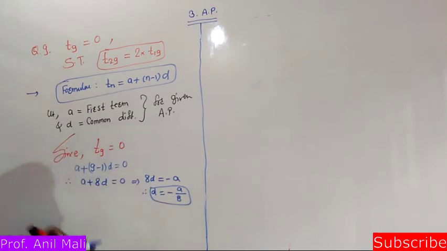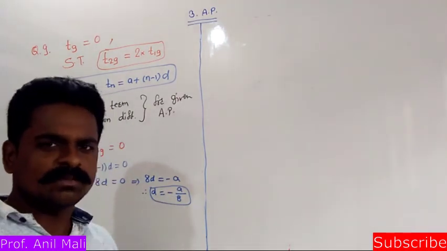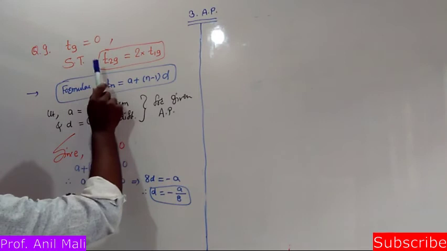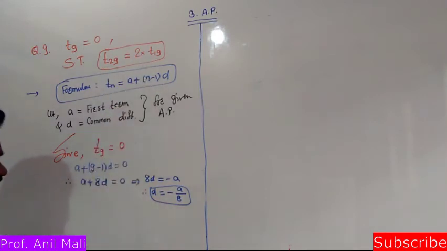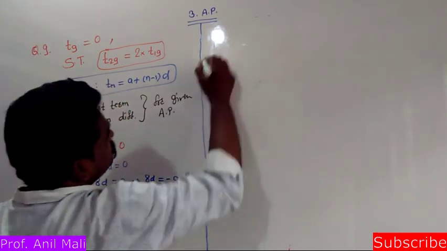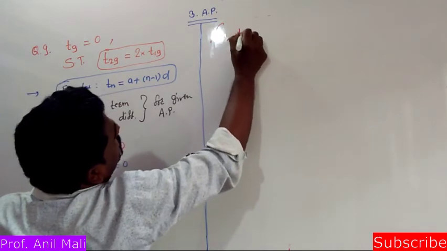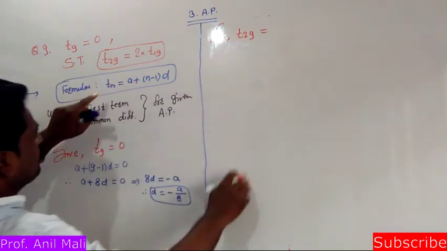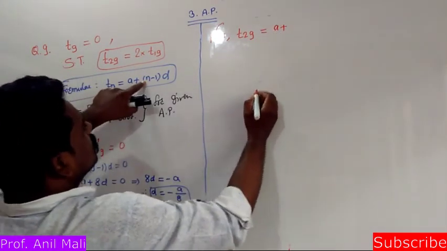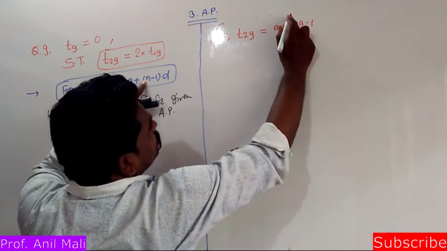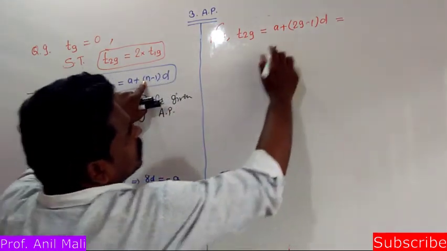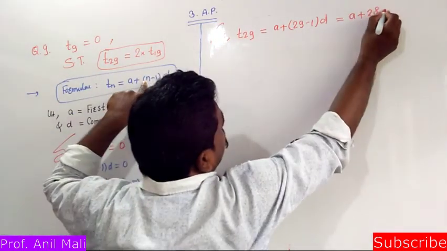Okay, no problem. So we got the value of A in terms of D and the value of D in terms of A. Now what is our target? The 29th term and the 19th term is our target. T29 is equal to, using the formula for the nth term with n replaced by 29, A plus 29 minus 1 into D, which is A plus 28D.